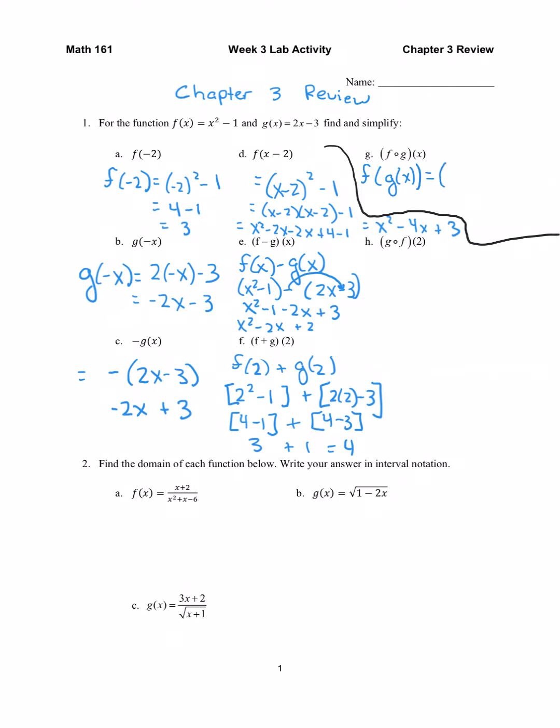So if we take f, which is x squared minus 1, notice instead of writing x squared, I wrote parentheses squared minus 1, and I'm going to plug g into my parentheses here. g is 2x minus 3. We'll have this, then we're going to go ahead and FOIL and combine like terms.